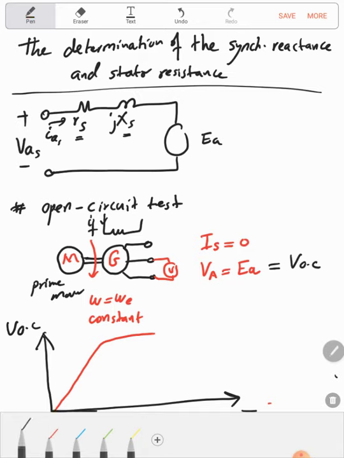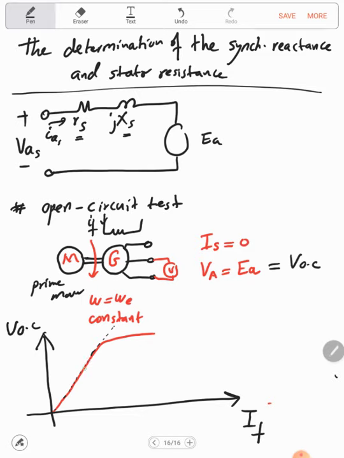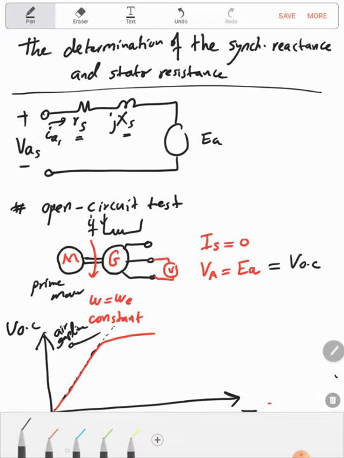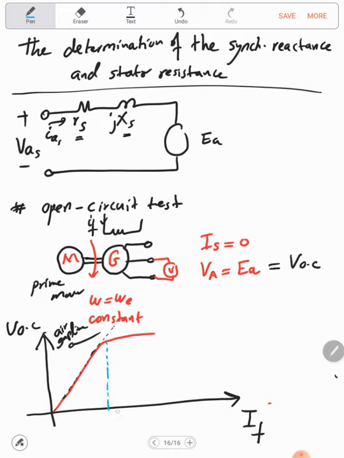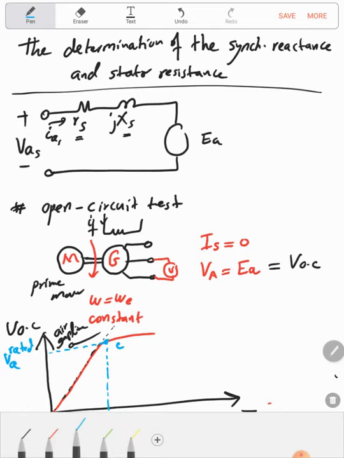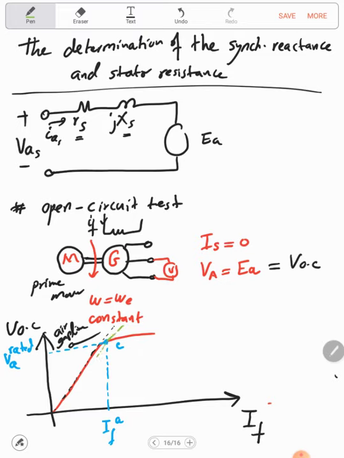So simply this line here represents the air gap line, and at a certain IF, let's assume here, IF at point A, we're having VA rated, and this point, let's call it C. So the line passing through this point is called the modified air gap line.